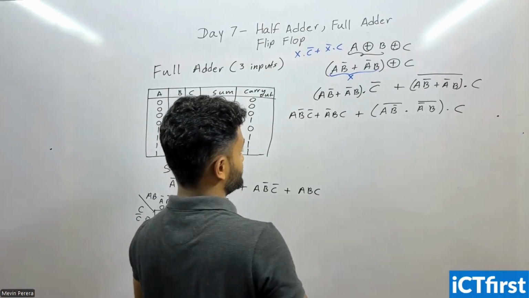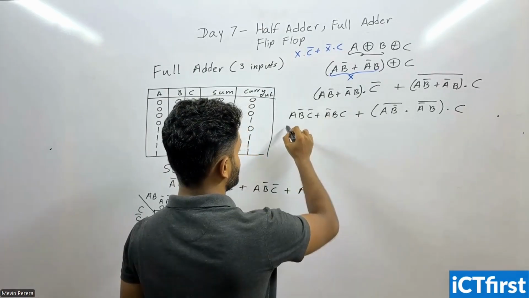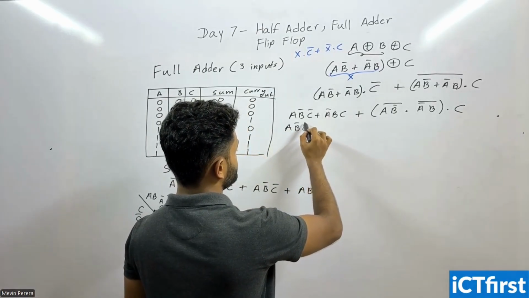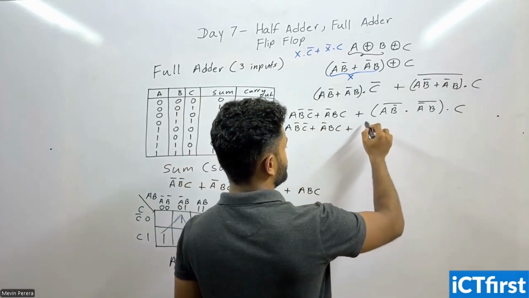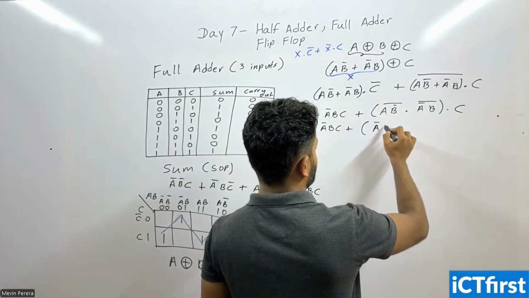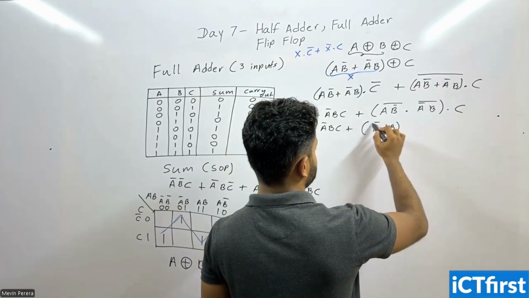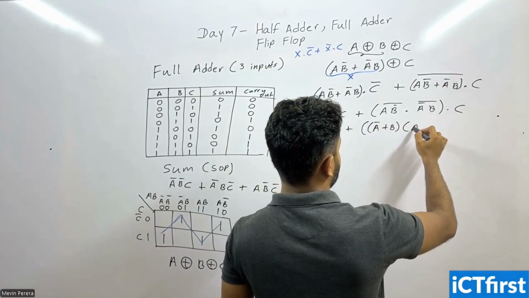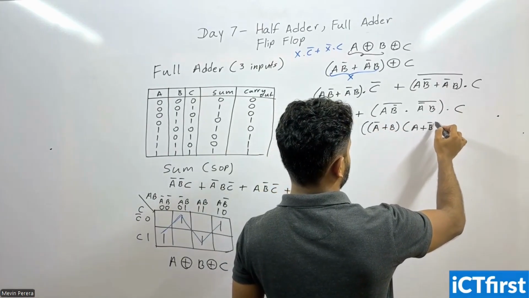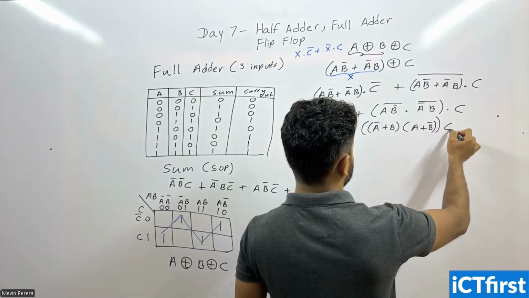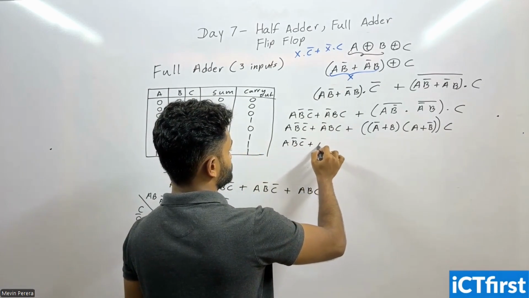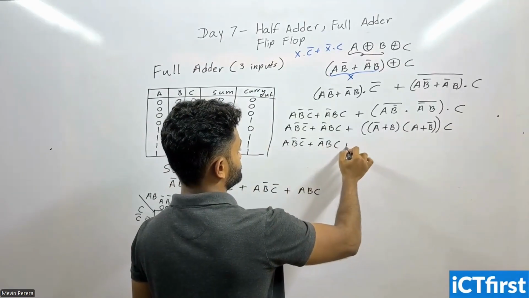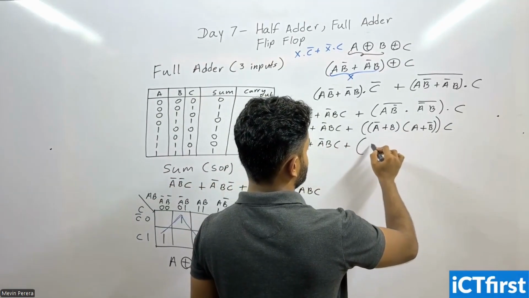What we are going to do is break it once again. A bar plus b, a plus b bar. So we multiply them together.